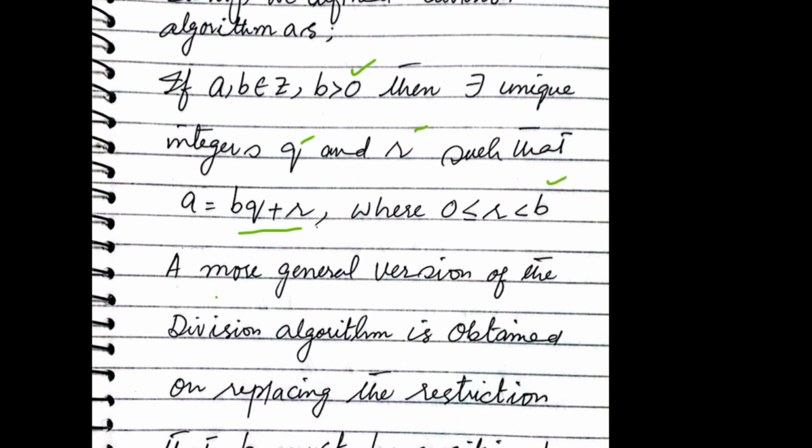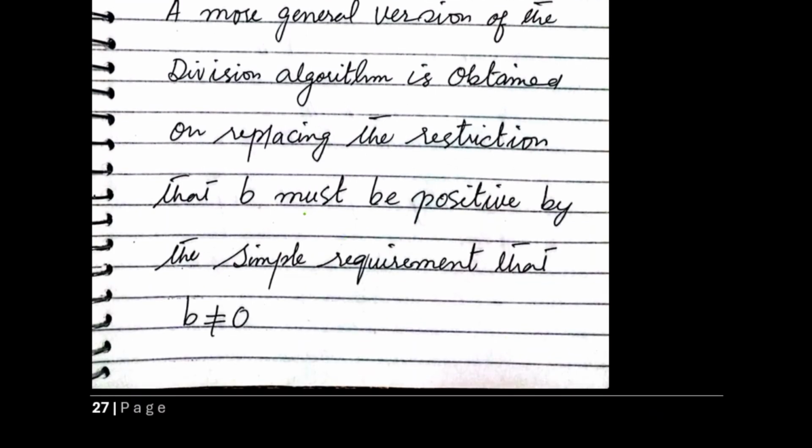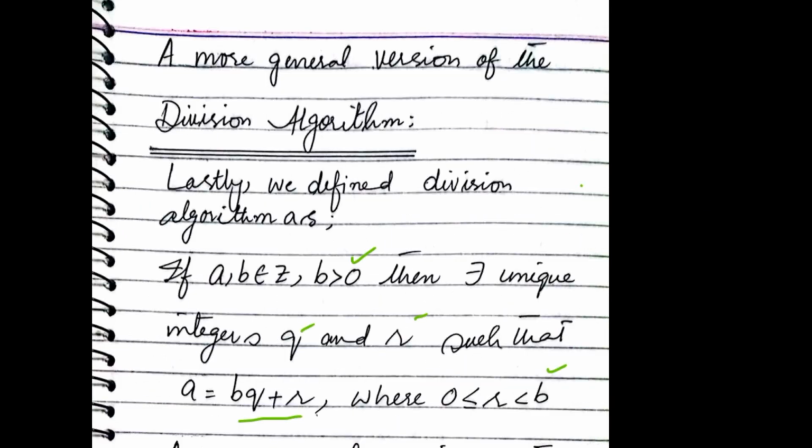A more general version of the division algorithm is obtained on replacing the restriction that b, which is the divisor, must be positive by the simple requirement that b is non-zero. Actually, in the standard version of the division algorithm, we read that b, the divisor, must be positive.